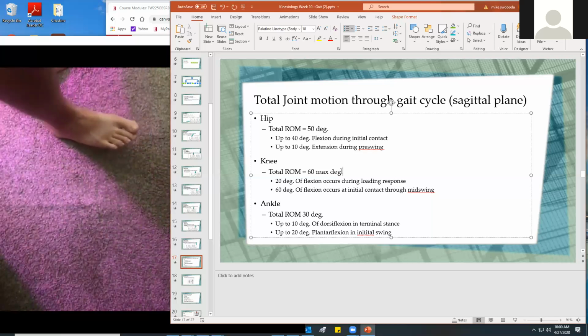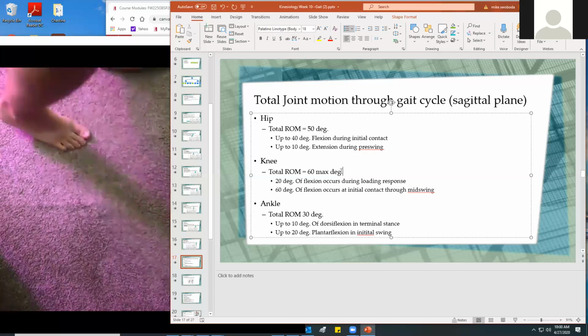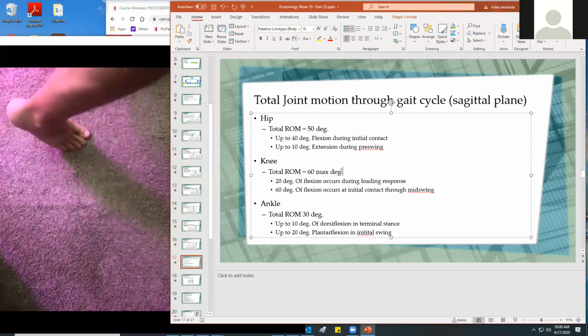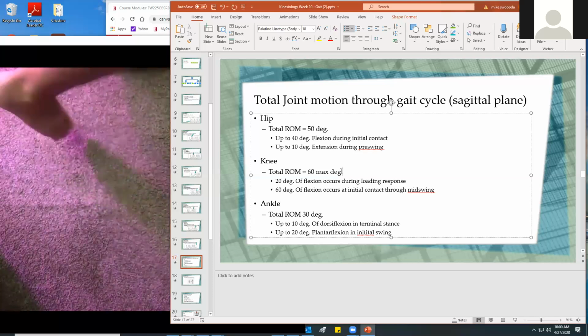So if this is a flat foot, at terminal stance, right where I'm about to touch the ground, where my heel will strike first, I'm at about 10 degrees of dorsiflexion. When I get to my initial swing, so my initial swing is from here to pushing off, I'm in about 20 degrees of plantar flexion.